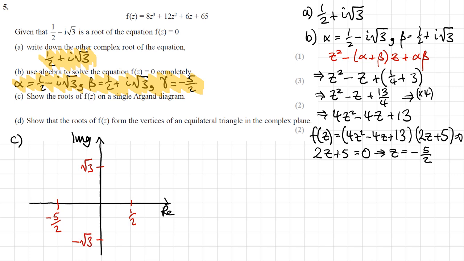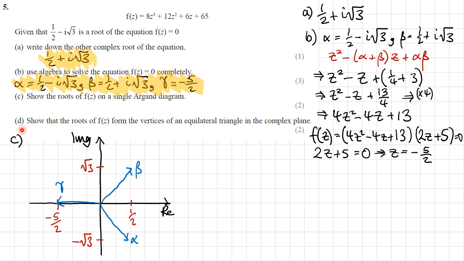So let's have our root here, and that is the root beta, a half plus i root 3. We'll have our root over here, which is the conjugate, so that's our root alpha. And then the last root, which is the real root, negative 5 over 2, which is over here, and that's my root gamma.